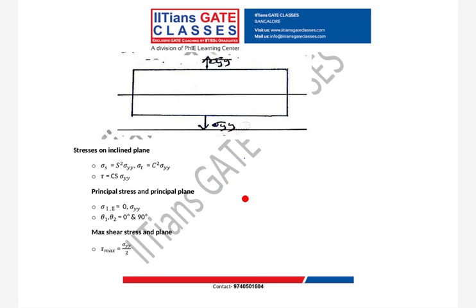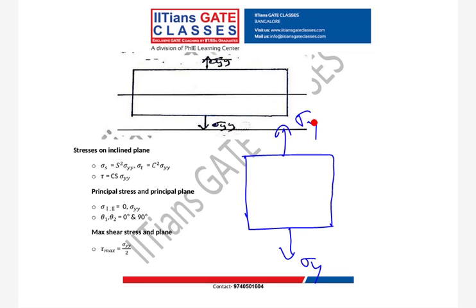See, it is very important to understand this orientation. Initially you have sigma y. Now my plane of maximum shear is 45 degree, right? So if you draw it now, your stress element will rotate in the anti-clockwise direction, because theta is positive.